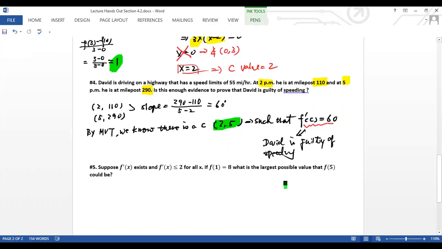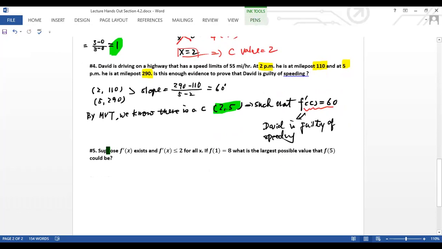So this is another application. It says, suppose f prime x exists, and f prime x is less than or equal to 2 for all x. Let's say f of 1 equals 8. What is the largest value that f of 5 could be?